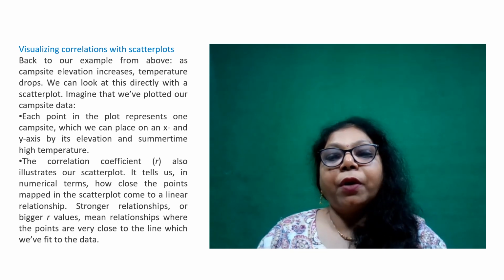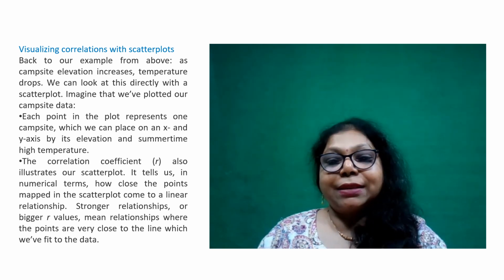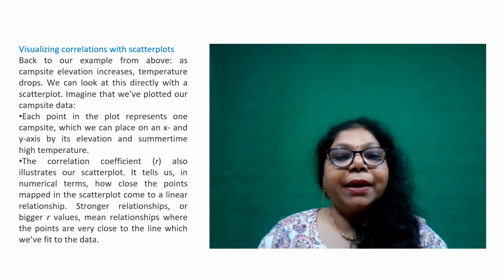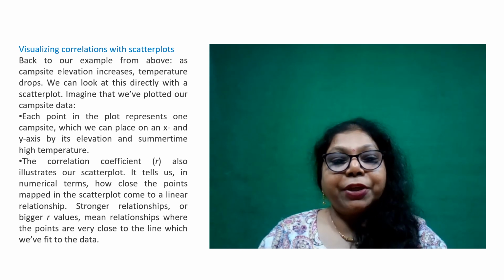Imagine that we have plotted our campsite data. That is, each point in the plot represents one campsite, which we place on the x-axis and y-axis by its elevation and its summertime high temperature.